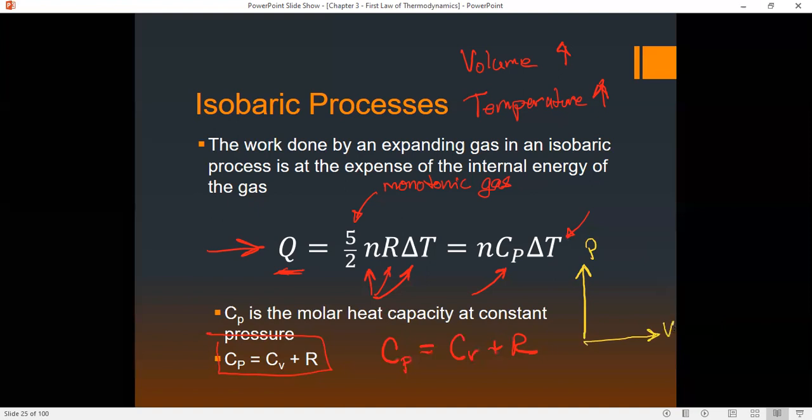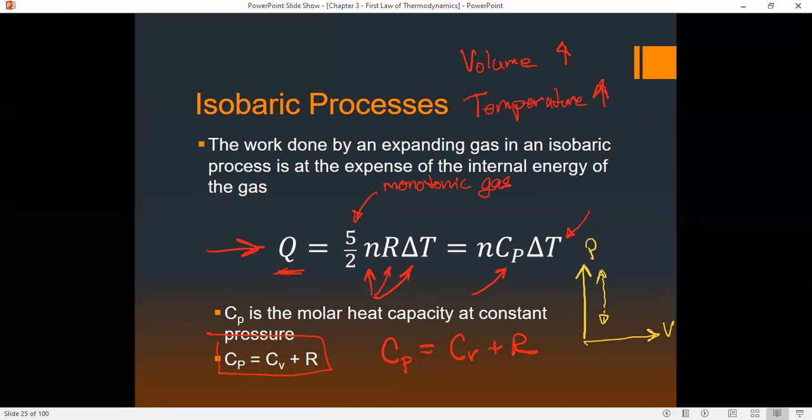If I look at the specific heat at constant volume, I'm moving up and down some line right here. I'm keeping the volume constant, okay, but changing the pressure by changing the temperature. So all I need to do there is add heat to change the internal energy.